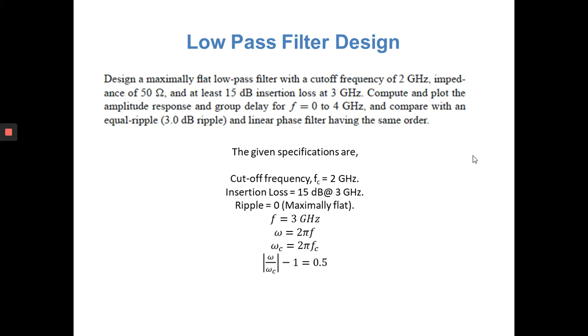But I will just quickly go through these specs. 2 gigahertz is our cutoff frequency. Insertion loss at 3 gigahertz is 15 dB, which is maximally flat. So with this, we need to calculate this one, and then we find out this is 0.5. So with 0.5 and 15 dB, now we're going to see what our order is.